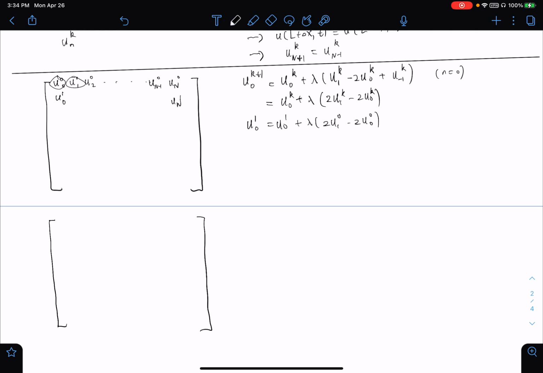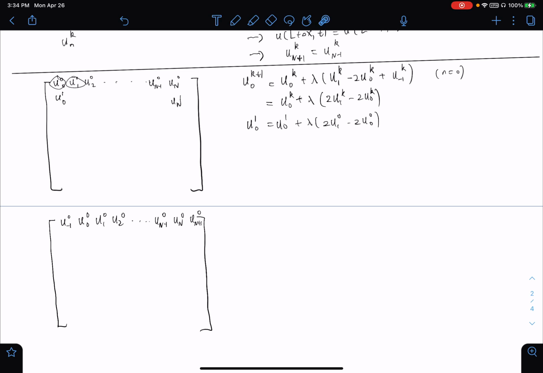So instead of storing only the initial value, you can store the value at the fictional grid, u-1 at time 0, u0 at time 0, u1 at time 0, u2 at time 0, all the way to un-1 at time 0, un at time 0, un+1 at time 0.